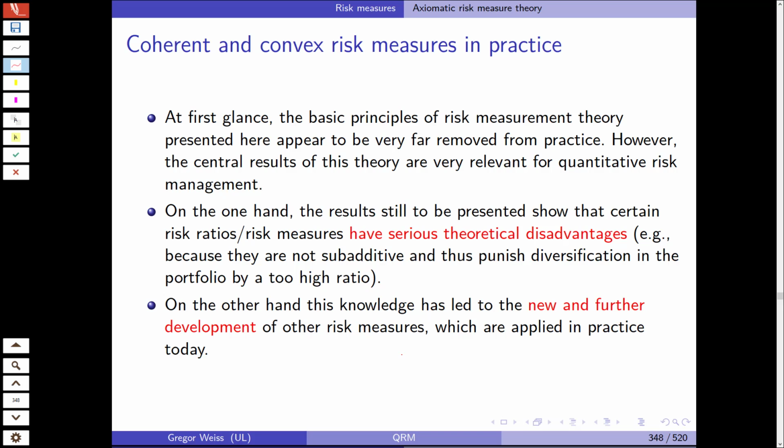And what they found is serious theoretical disadvantages for some of our risk measures. For example, missing subadditivity, that these risk measures actually punish diversification in some cases. And this has led to the development of, or at least the support for, different risk measures, most notably the so-called expected shortfall.